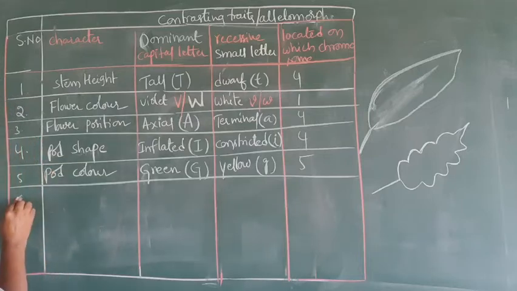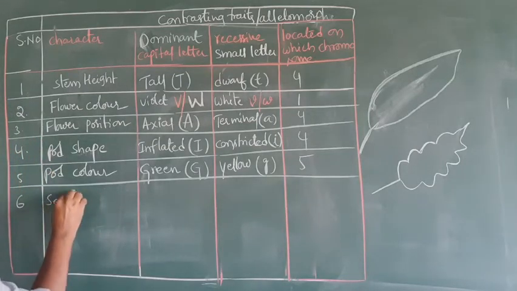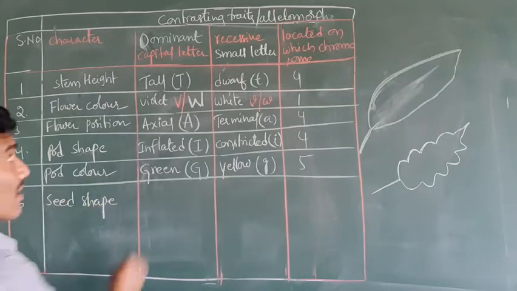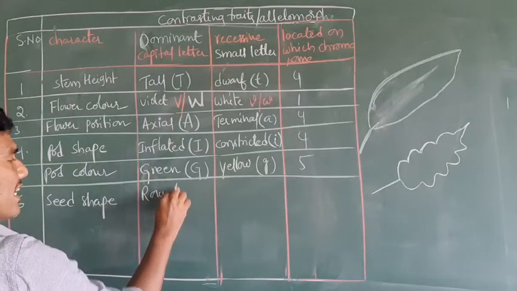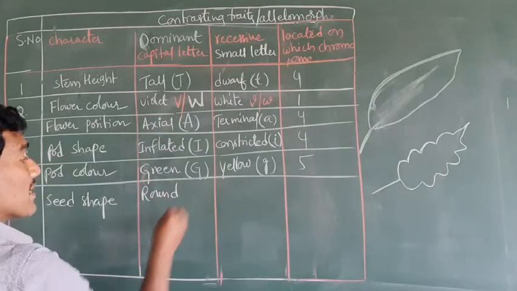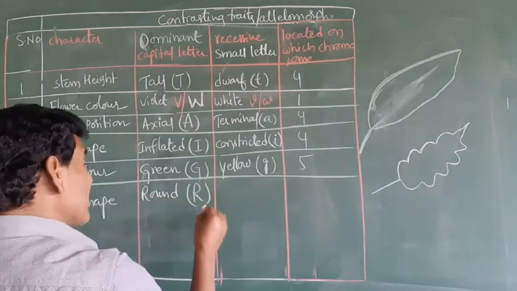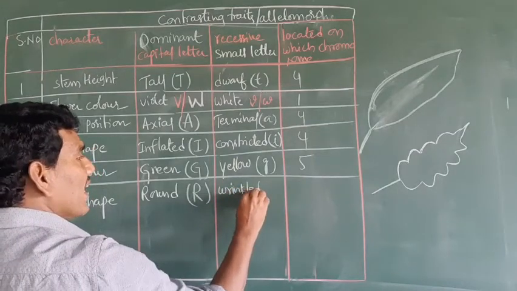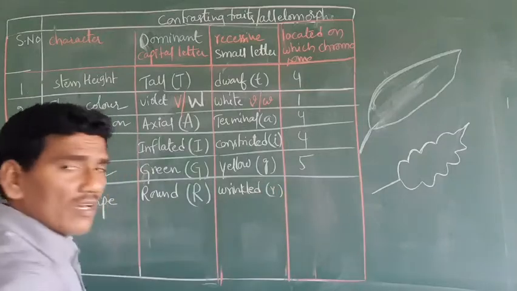Next, the sixth one is seed shape. The dominant seed shape is round, represented by capital R. The recessive seed shape is wrinkled, represented by small r.